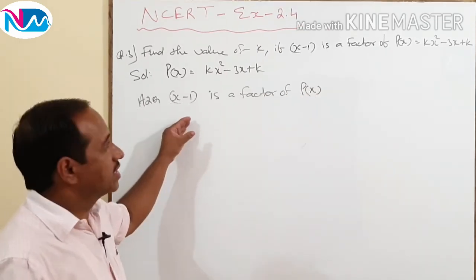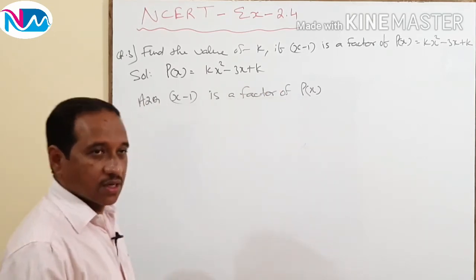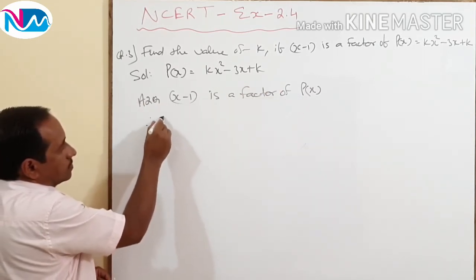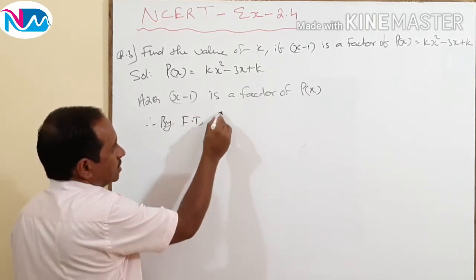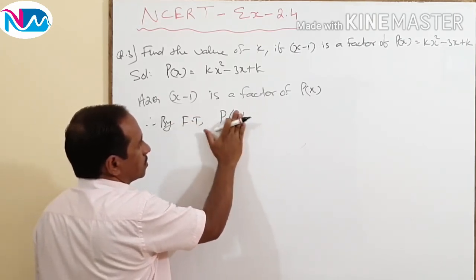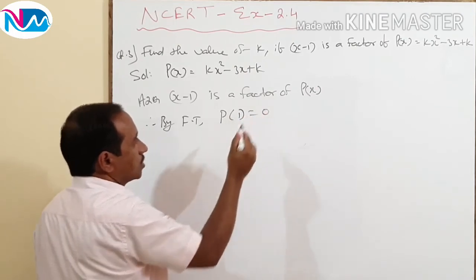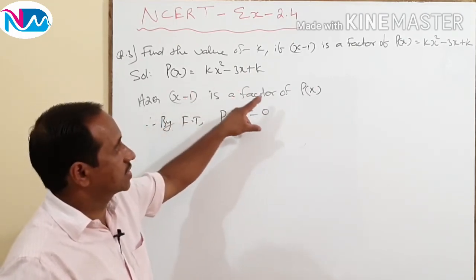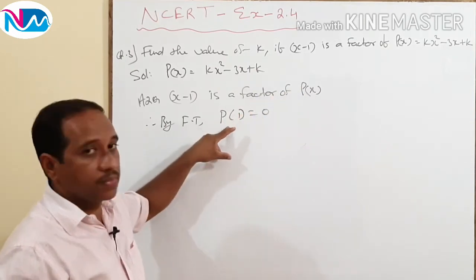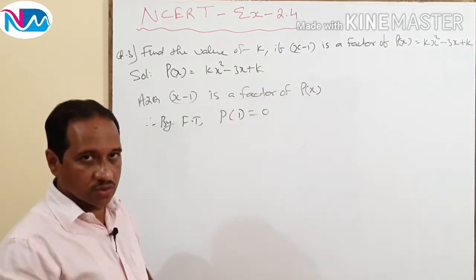If x minus 1 is a factor of P of x, by the factor theorem, we can say that P of 1 is equal to 0. If x minus 1 is a factor of P of x, then P of 1 is equal to 0.